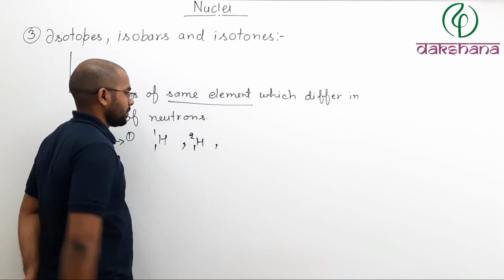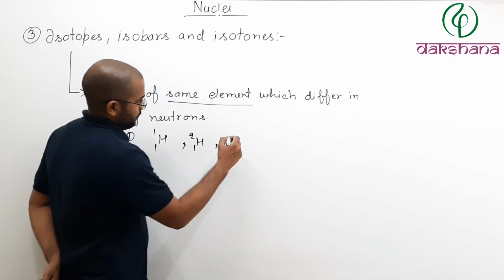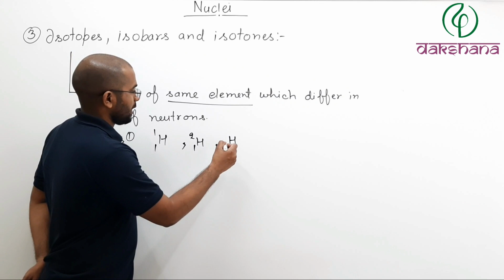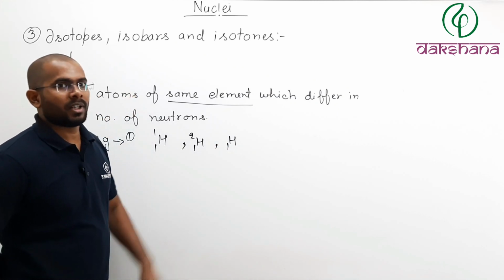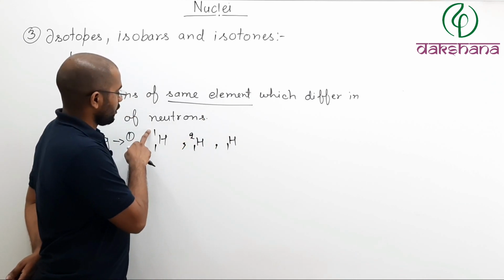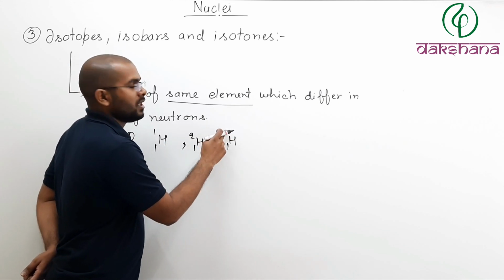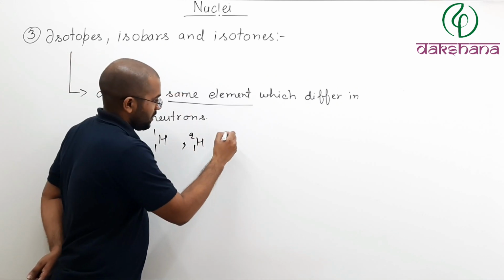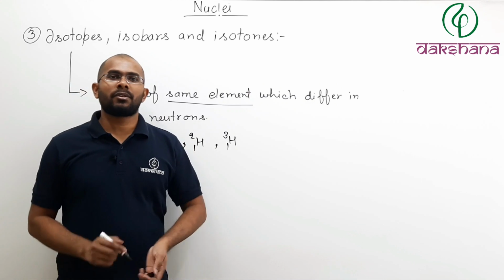It is very useful in atomic reactors. You will study later. And there is one more kind of hydrogen atom. Now, since it is a hydrogen atom, once again I am saying atomic number will remain same. Number of protons will remain same. Only number of neutrons can change. So here there are 0 neutrons, here 1 neutron, here 2 neutrons. So what will be the mass number? 1 proton plus 2 neutrons, so mass number will be 3. So how many isotopes of hydrogen are there?